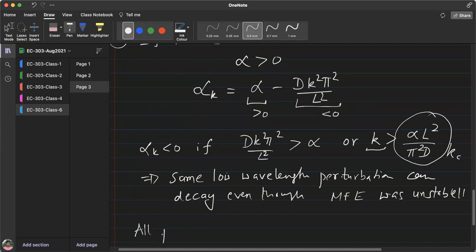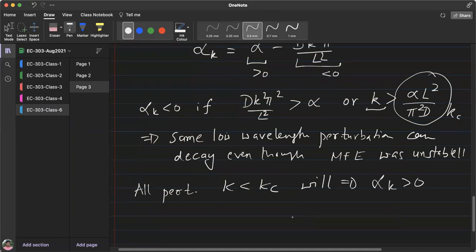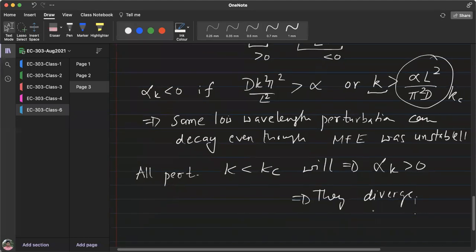All perturbations with k less than Kc imply alpha k is positive, which means they diverge from the equilibrium. If you do a random perturbation, which will have all wavelengths, effectively the system will still be unstable.